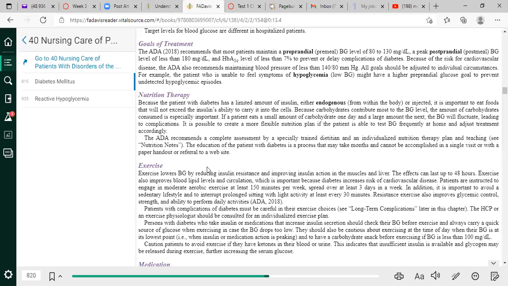How often should an individual be exercising? And we know about 150 minutes per week over a 3-day period. Something else I need to point out: a sedentary lifestyle can have a bad impact on all of us. A sedentary lifestyle is where you're just sitting around doing nothing.